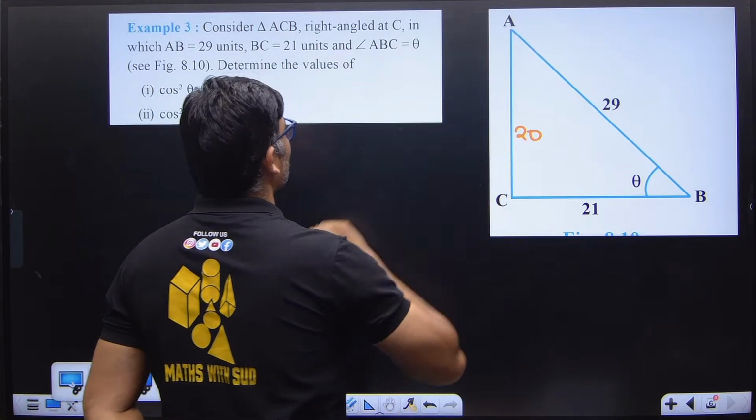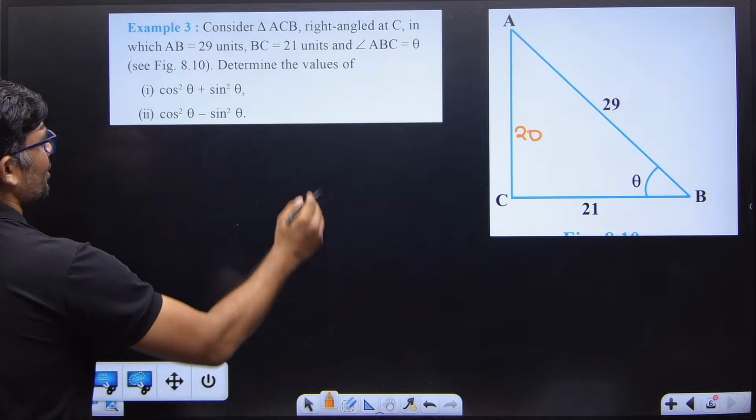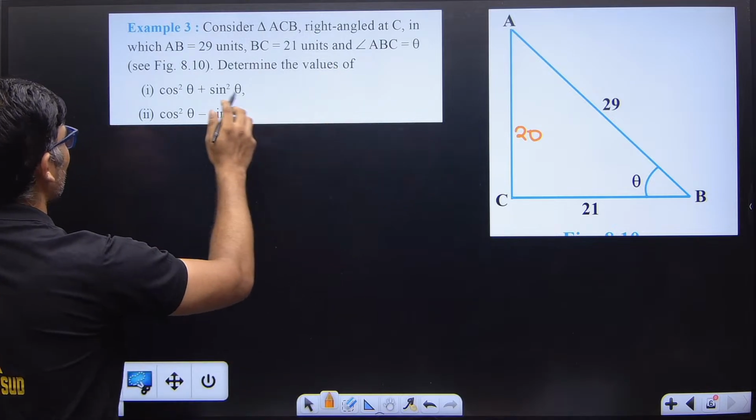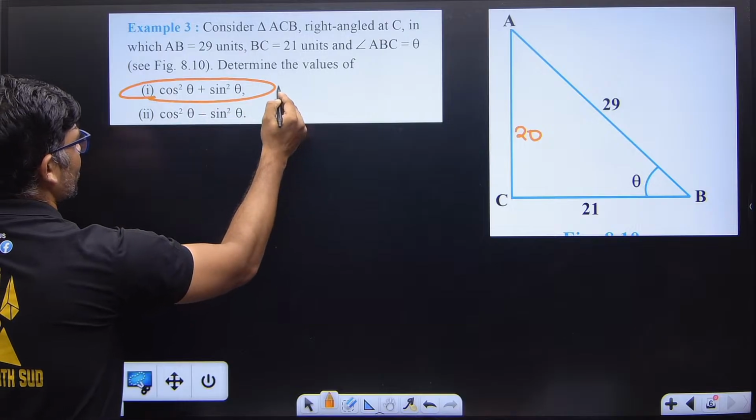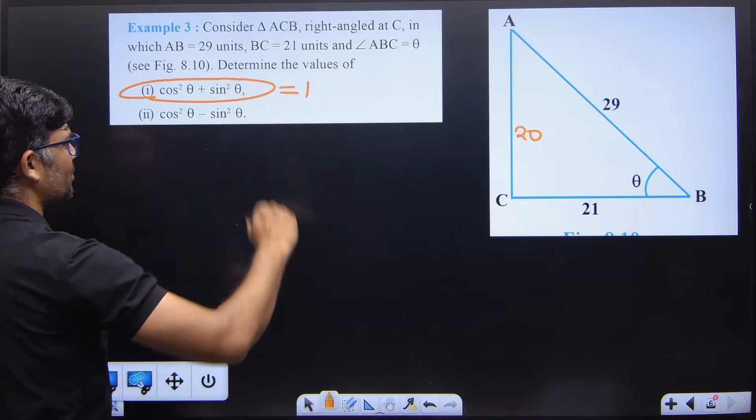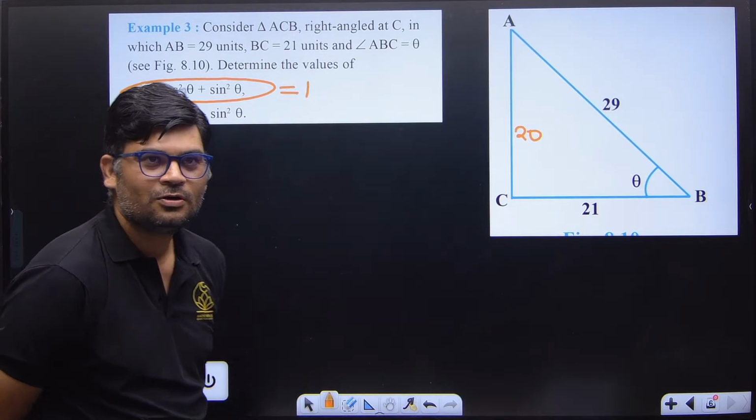Wonderful. Now they are asking, angle ABC is theta, determine the value of sine square theta plus cos square theta. You don't need to calculate, because it is always equal to 1.